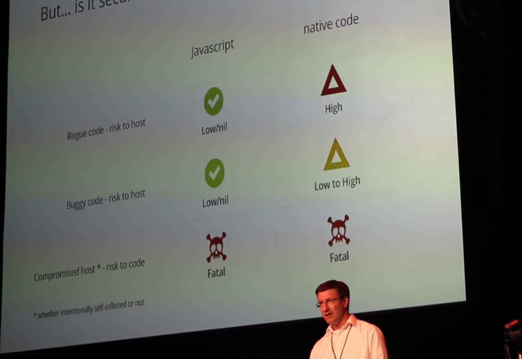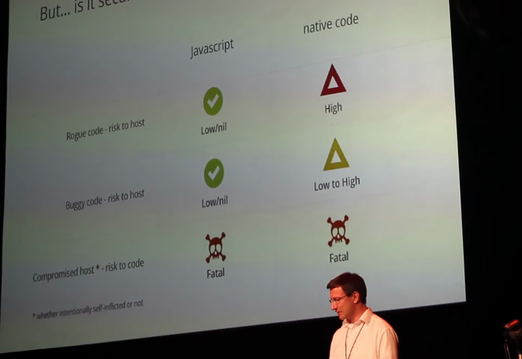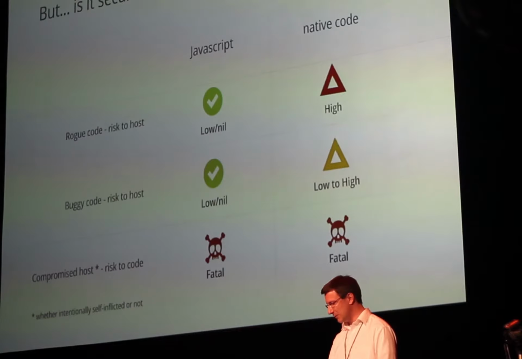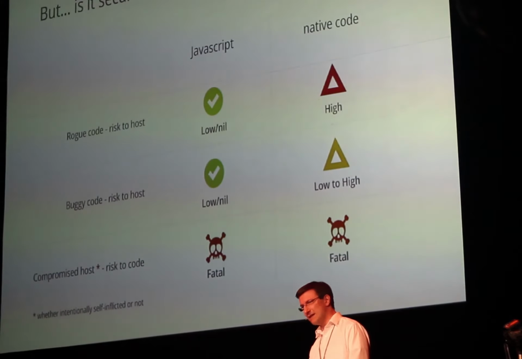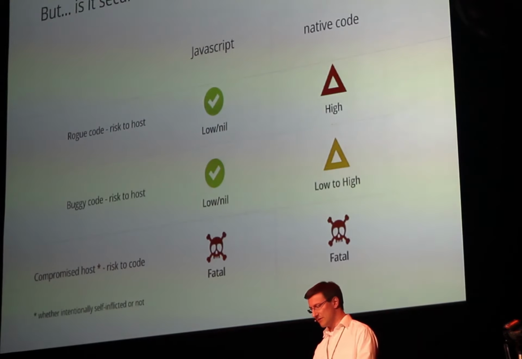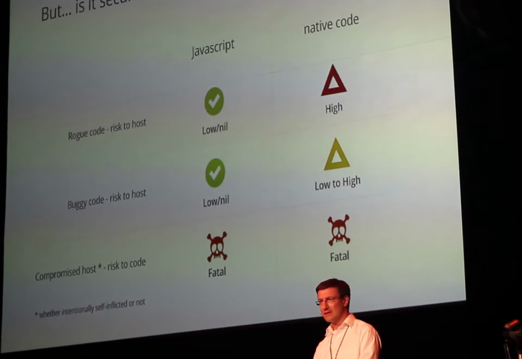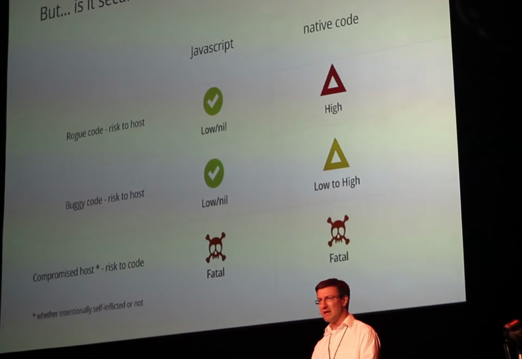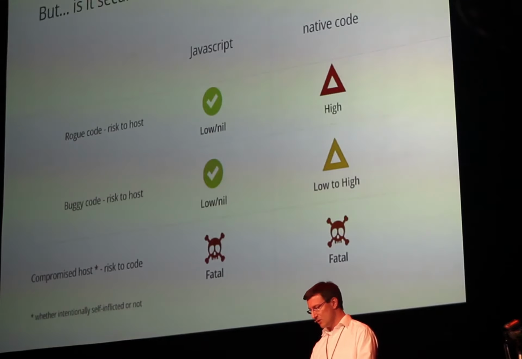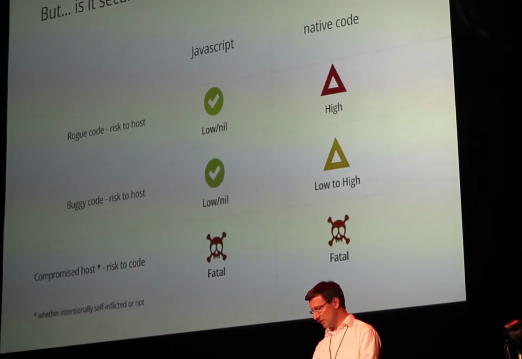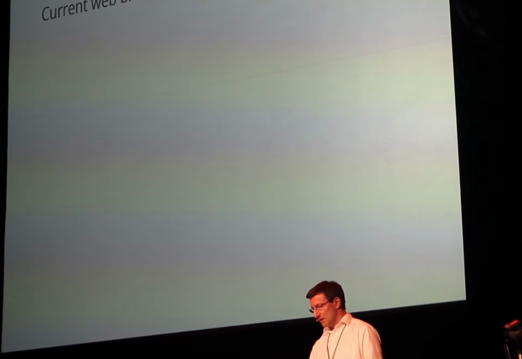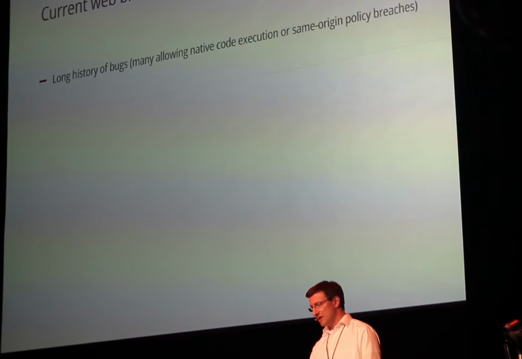However, if you have a compromised host, JavaScript and native code are equally completely compromised, because of course you can interfere with the operations of JavaScript when the machine is breached, and you can interfere with the operation of native code when the machine is breached. And it makes no difference whether you inflict the compromise intentionally yourself or you install some Trojan that you downloaded from the wrong source.